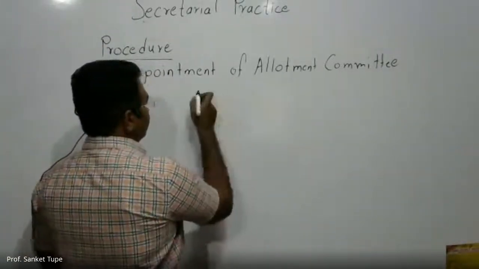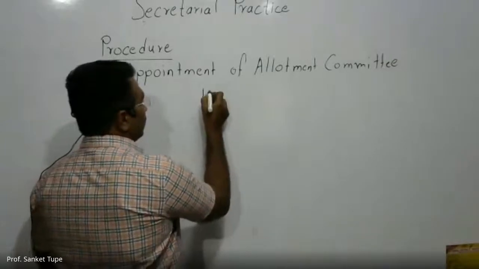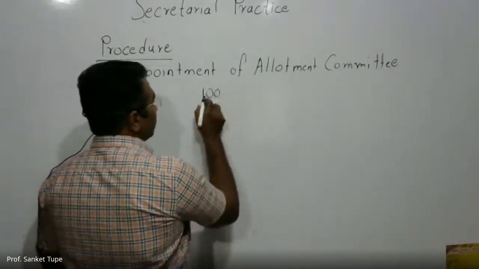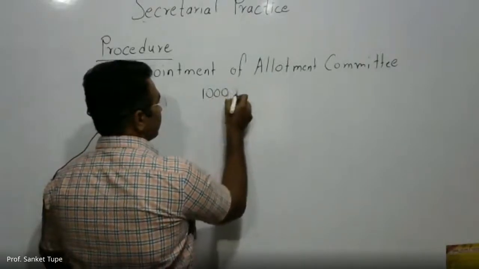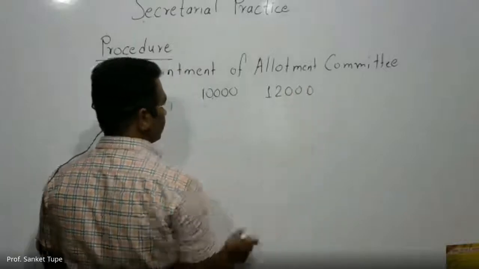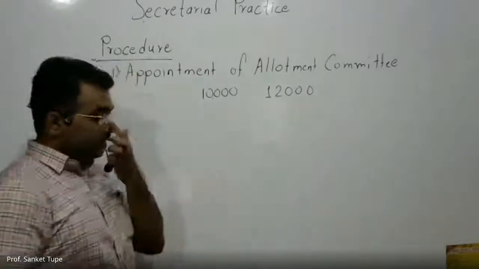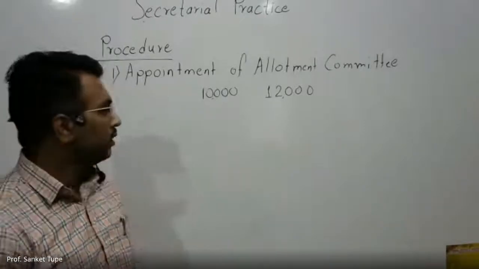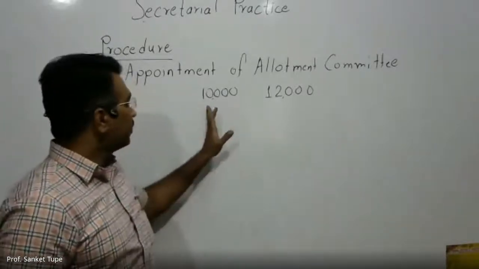If you have decided to offer 10,000 shares and applications are received for 12,000 shares, that is oversubscription. Applications received are more than the 10,000 issue.